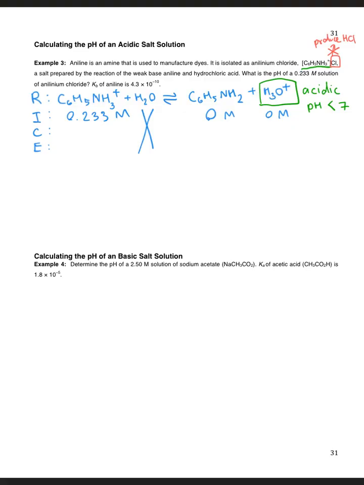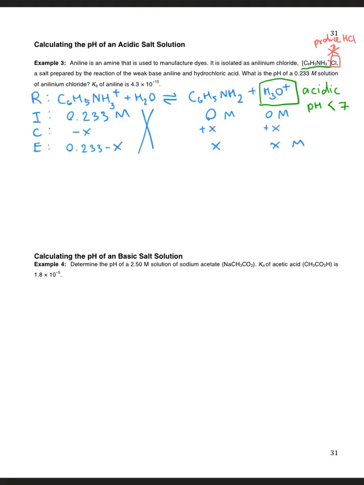For the change, because we don't know exactly how much it changes, we are going to use negative X for the reactant and positive X for the products, because they are in the same 1:1:1 ratio. And the equilibrium concentration would be the sum of the initial and the change.